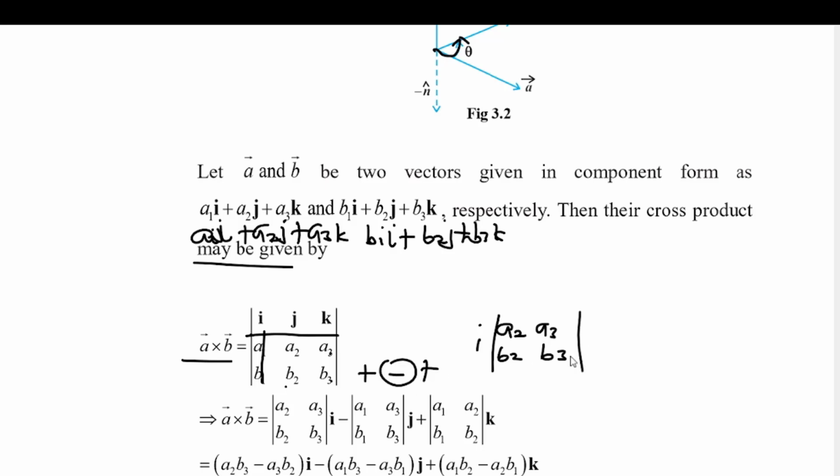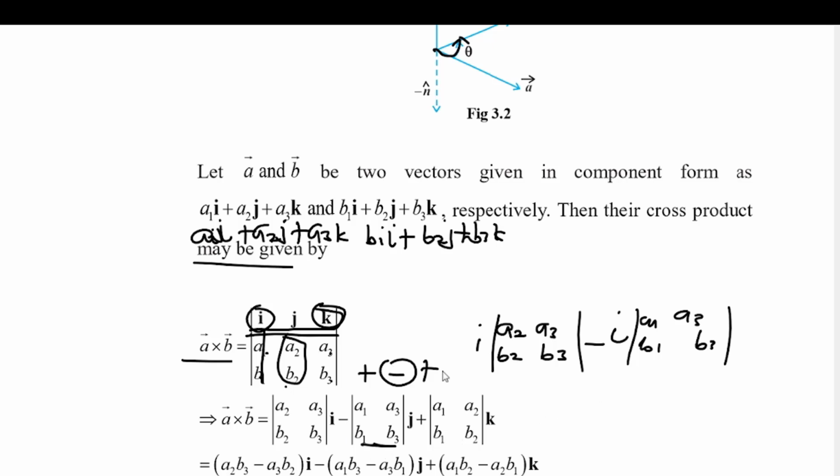Then the next one is minus, and the next letter is j. So we come back here, we delete all the elements beneath j and in the column of j. So we will have A1, A3, B1, B3, and that is what you have here.